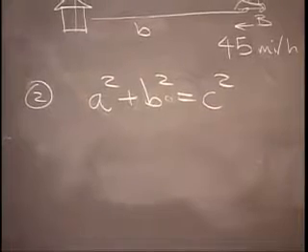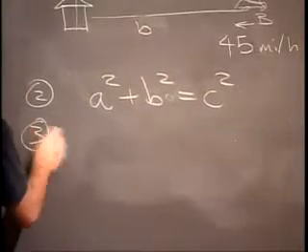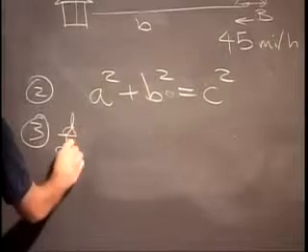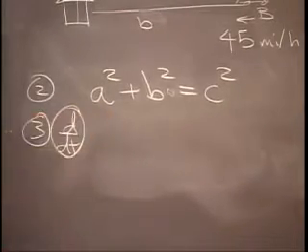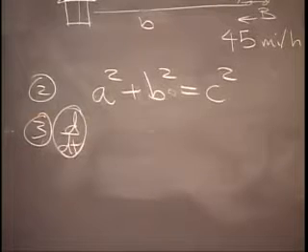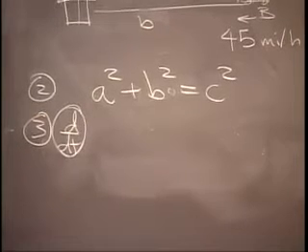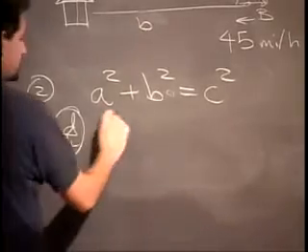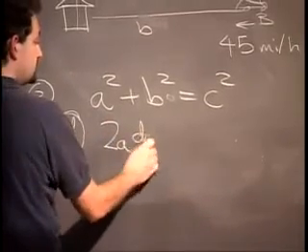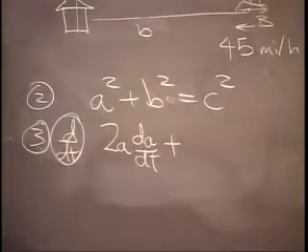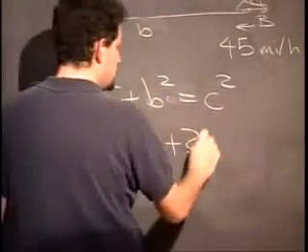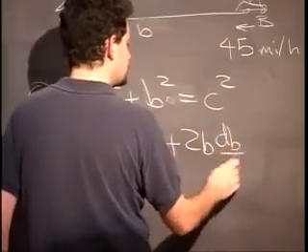So we might as well take that equation and hit it with d/dt. If you differentiate A squared implicitly, by now we know the derivative of A squared is 2A times the derivative of A, so this is 2A dA/dt. Derivative of B squared is 2B times dB/dt.